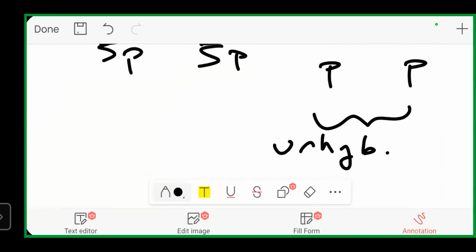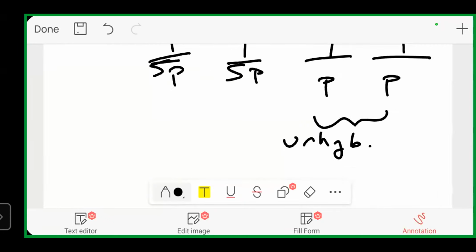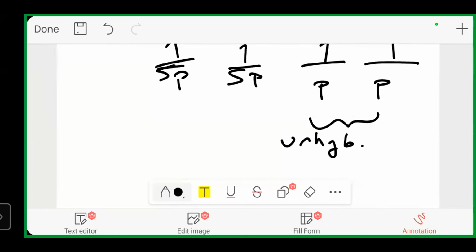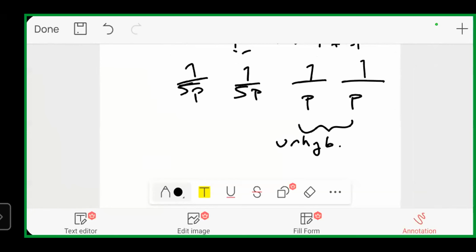What do you think? Now let's think logically about what we've done so far. What do you think about the 2 unhybridized p orbitals? What happens when you overlap unhybridized p orbitals? What kind of bond? Pi bond. Excellent. What happens when you overlap hybrid orbitals? A sigma bond. So when you look at this configuration, you've got 2 hybrids and 2 unhybridized orbitals.